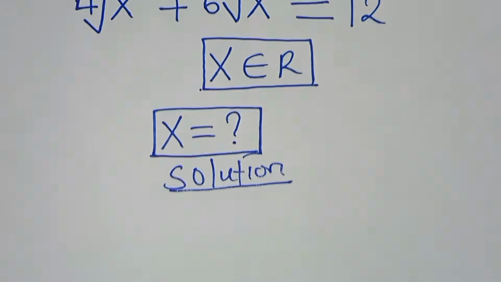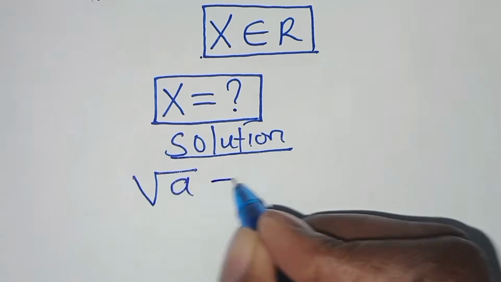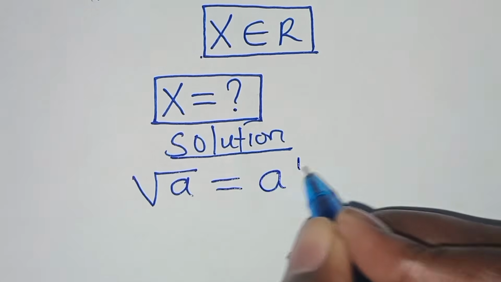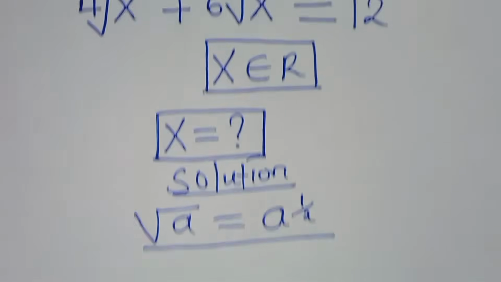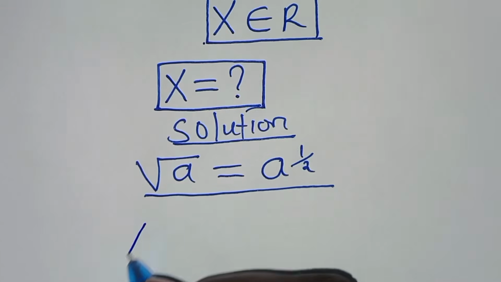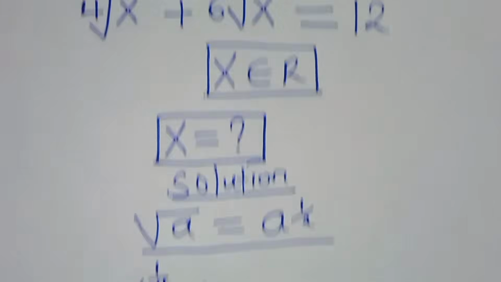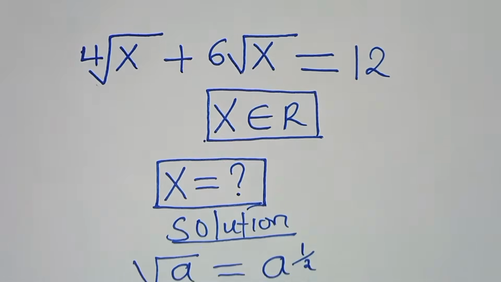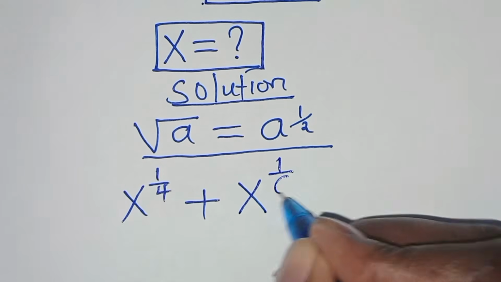solution here, we have that the square root of a can also be expressed as a to power half. So this implies that we can express the fourth root of x as x to the power of 1 over 4, plus the sixth root of x, which you can express as x to the power of 1 over 6.